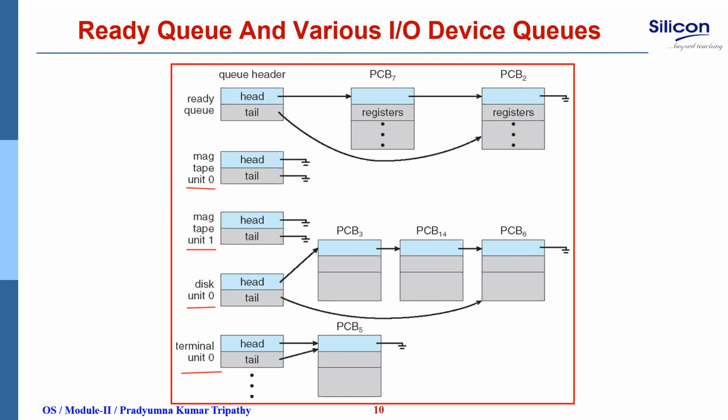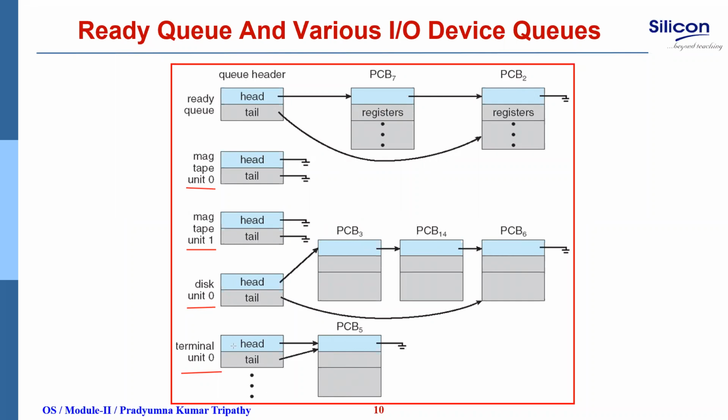Is it understood? So you can see over here, rather than writing the process name, process P3, process 14 and process 6, here we have written PCB, because all information of the processes is over here and head is pointing to the PCB. So when I say process, we are actually pointing to this PCB. So everywhere the PCB is written.